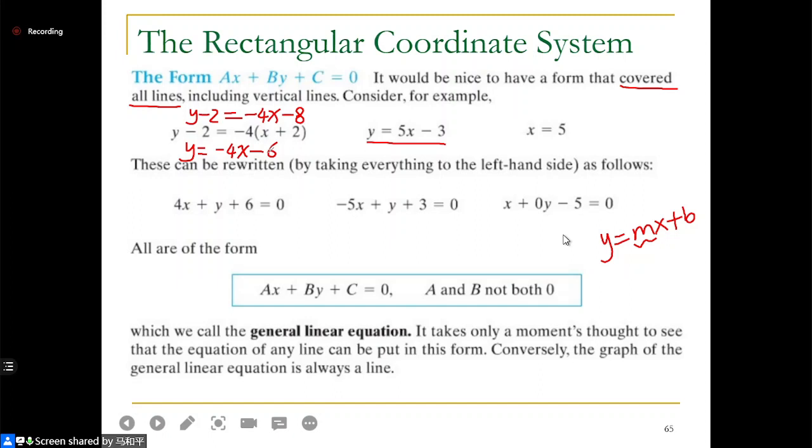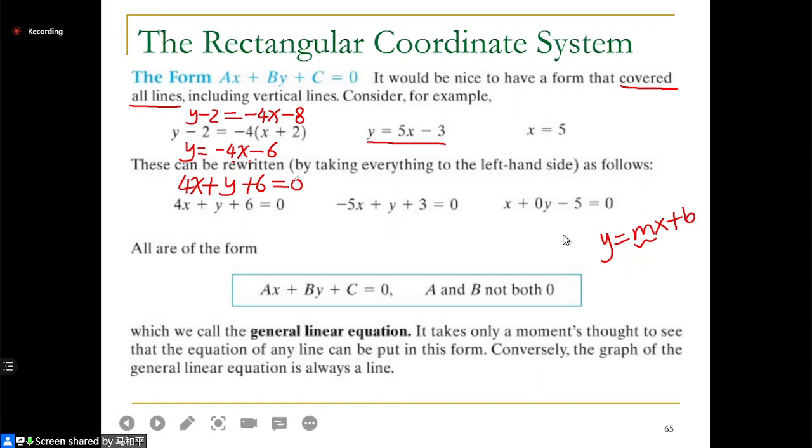This can be written by taking everything to the left hand side as follows. For example, this one we can write taking everything to the left hand side: this is 4x plus y plus 6 is 0.